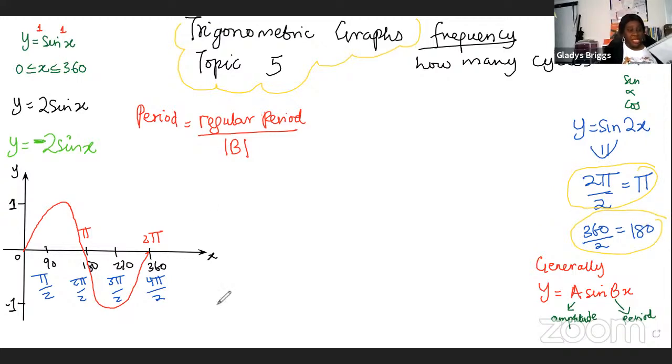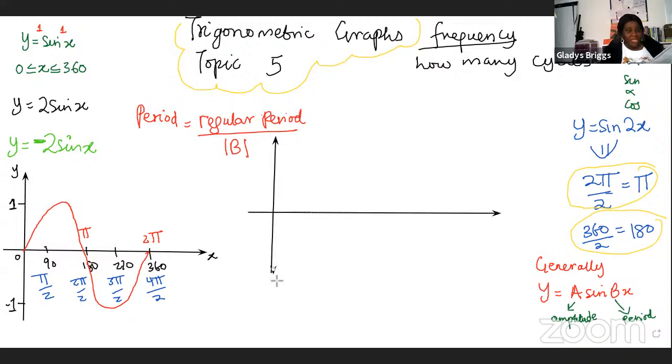Okay, so then let's have a look at what that will look like. Remember, I told you the period is how many degrees before the cycle repeats itself. How many degrees before that flipped S shape repeats itself?